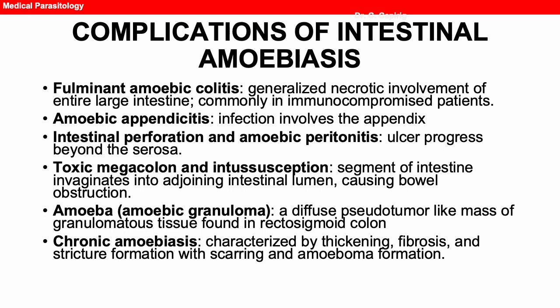It usually presents as a mass, and this will make the gastroenterologist or physician think that the patient may have colon cancer, but in reality, it's just an amoeboma. Chronic amoebiasis is characterized by thickening, fibrosis, and stricture formation with scarring and amoeboma formation. When you say strictures, these are fibrotic strands that may potentially result in obstruction.